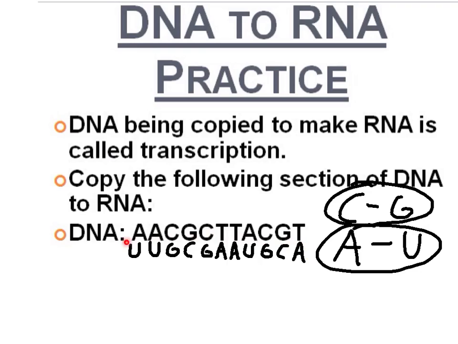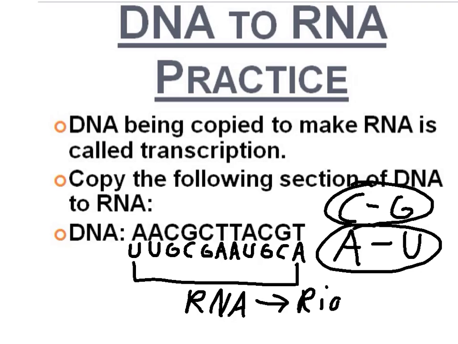And remember, this RNA molecule is going to be going out into the cell to be used for information. So most likely it's going to be headed to a ribosome where it's used to make a protein. So the next video actually involves that process. It'll be called translation, which is the process of taking this RNA molecule and then using it to build a protein at the ribosome.